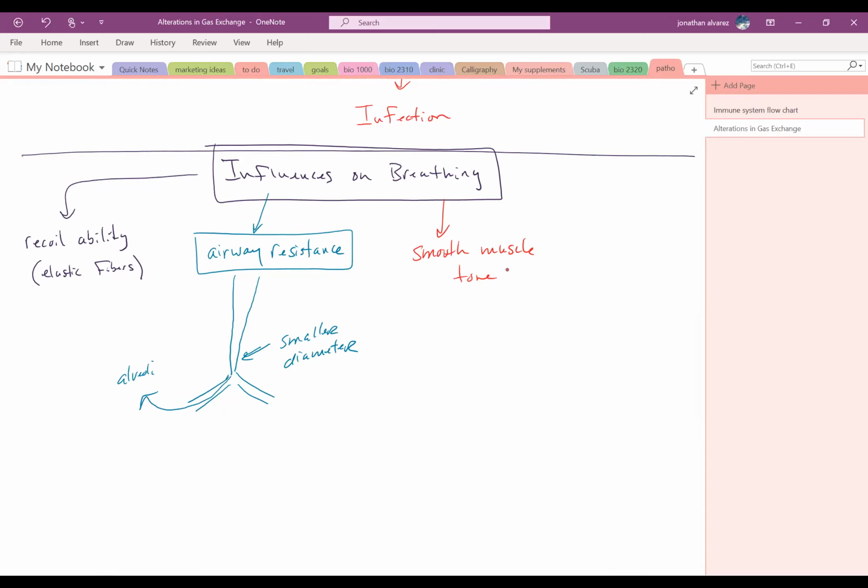Okay, pretty much all the tubes inside of you are smooth muscle: respiratory, digestive, okay, blood vessels, and so on. All right, so it's a type of smooth muscle. And because it's muscle, it can respond, right? They can dilate or constrict. Okay, so smooth muscle tone.